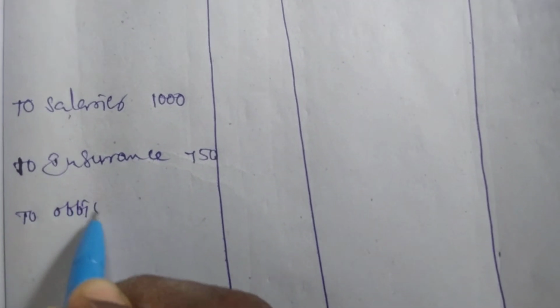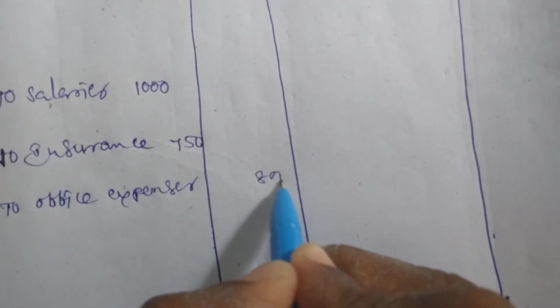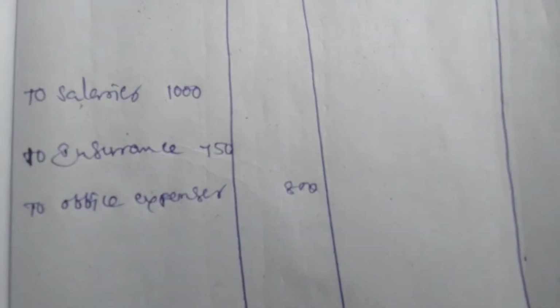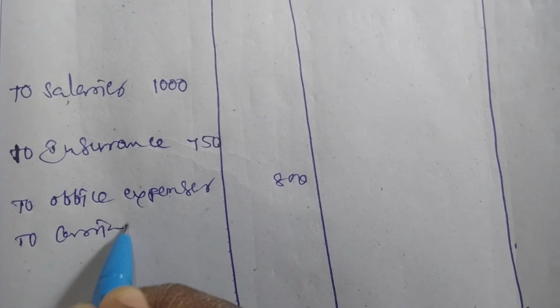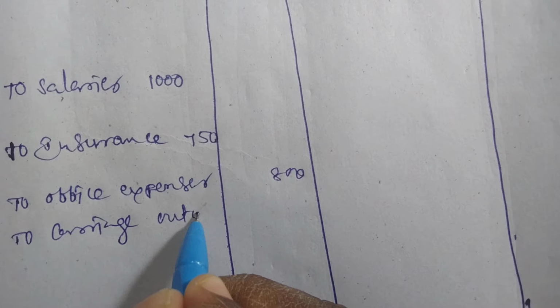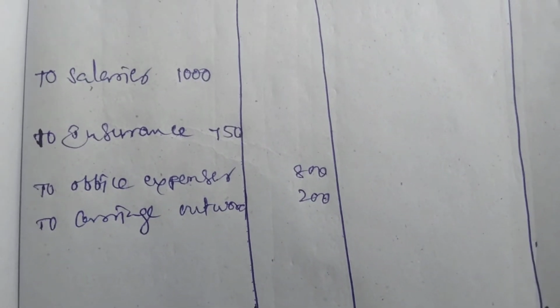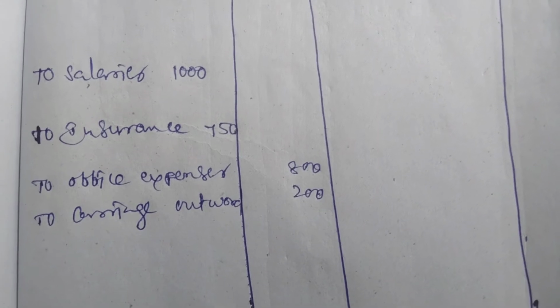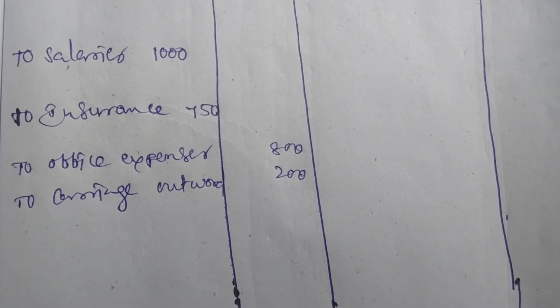So "To office expenses" 800 in the outer column of the profit and loss account, and "To carriage outward" 200. These two transactions are recorded on the debit side of the profit and loss account.